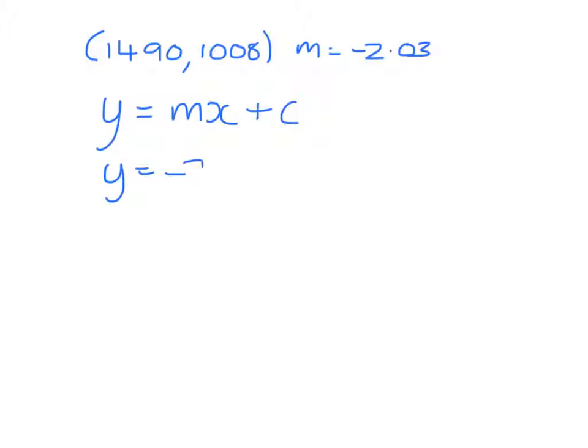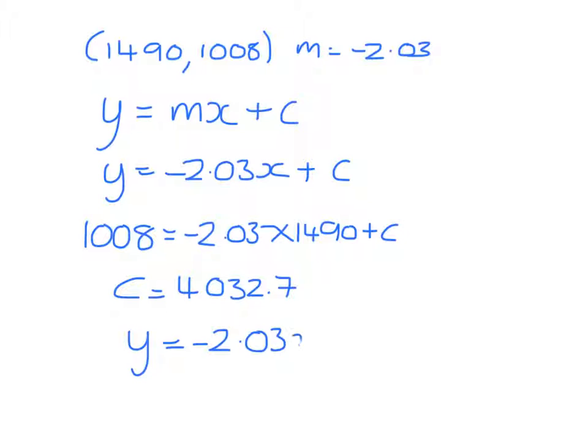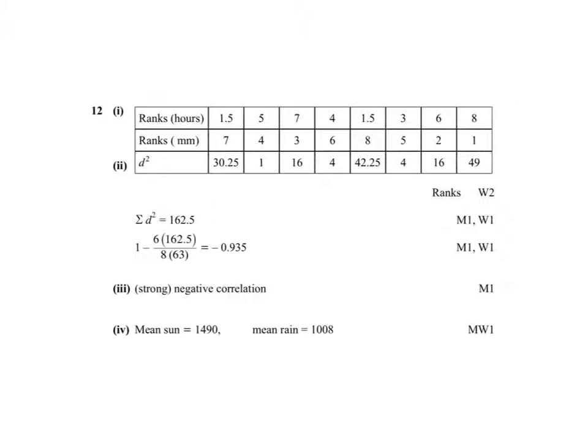So y has to equal minus 2.03x plus c, and we know that when y is 1,008, x is 1,490. So c will be 1,008 plus 2.03 times 1490, and that gives us a c of 4,032.7. So y is negative 2.03x plus 4,032.7.